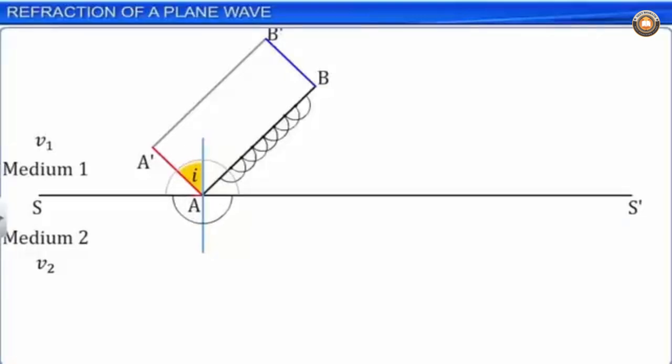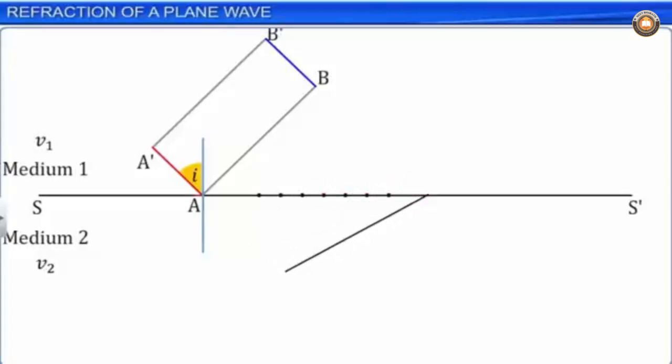If reflection at the interface is neglected, hemispherical wavefronts from point A propagate into medium 2. As the wavefront travels from medium 1 to medium 2, different points of the wavefront are incident on the interface SS' at different instants of time.